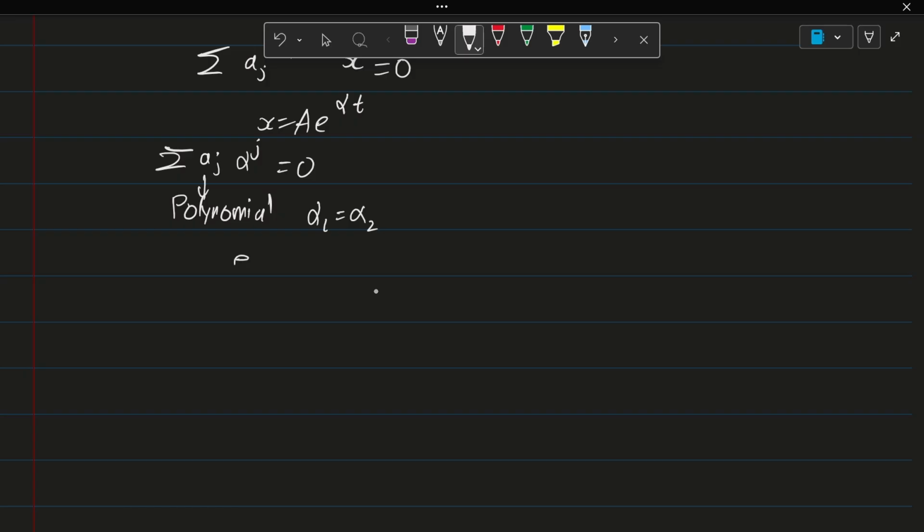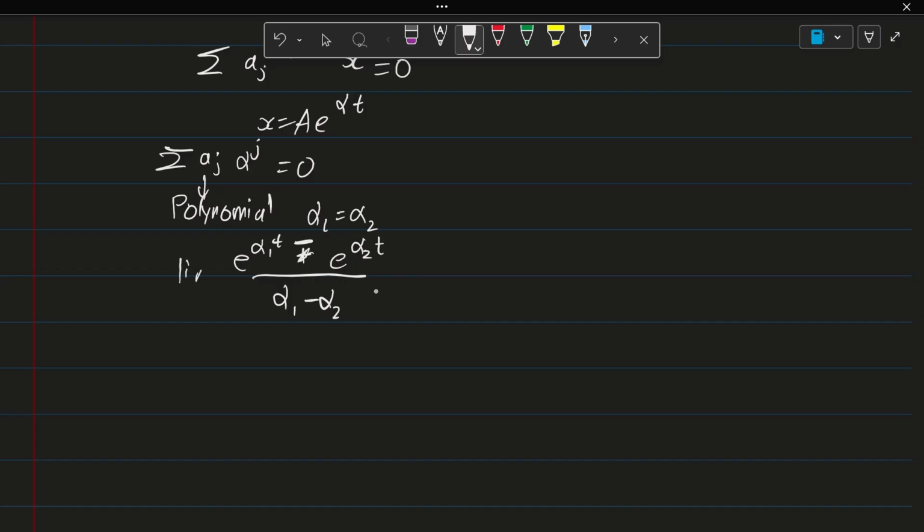Maybe one of them is e to the power alpha 1 t and the other one is e to the power alpha 2 t. Now, if you remember the linearity, if you take the linear combination of these two, which I'll write in this form, it would still be a solution.